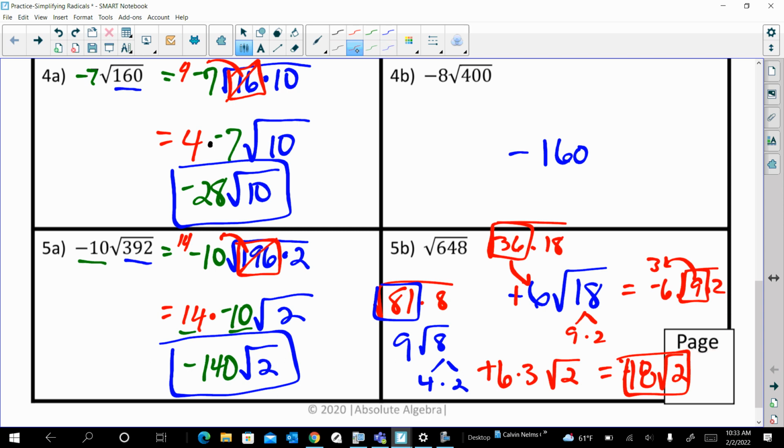What's the square root of 4? So that 2 gets multiplied to 9, we still get 18 root 2. You still get the same answer, guys. You just have to break it all the way down. Okay. All right. Make sure this is in your spiral.